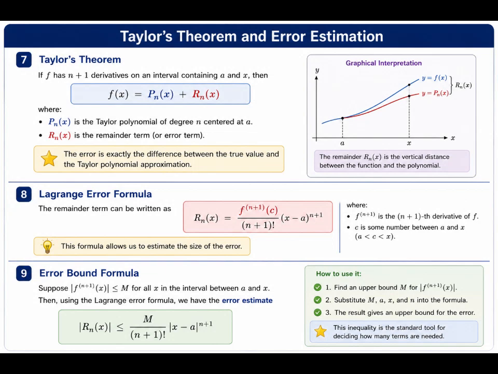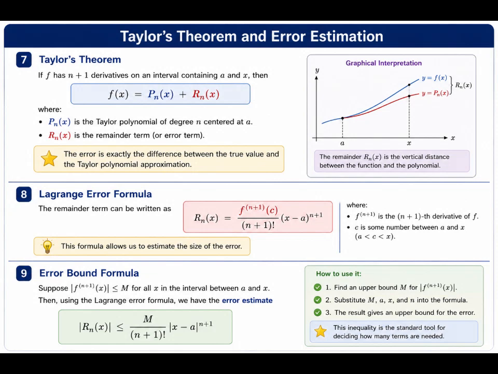To estimate this error, we use the Lagrange error formula. Notice its structure. It closely resembles the next term in the Taylor series, but the derivative is evaluated at some unknown point c located between a and x. Also, we usually do not know the exact value of c.